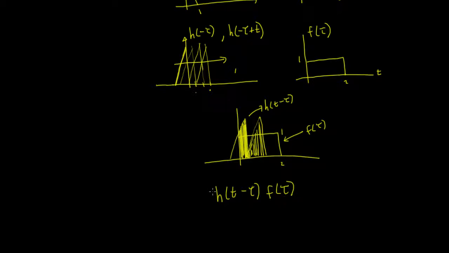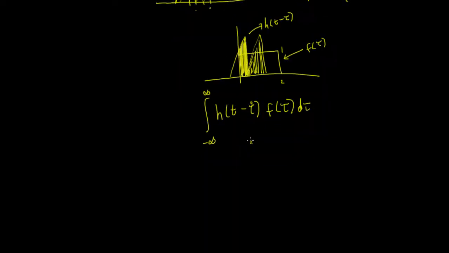Now, in order to finish off the convolution and get our value of g of t, what we do is we integrate this function with respect to our value d tau, which really means taking this area here, and the area there becomes the height of the function g of t.